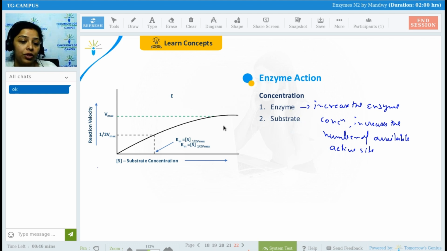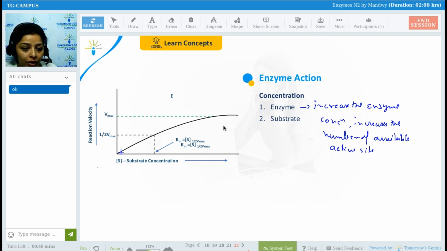How does the concentration of substrate affect the enzymatic action? An increase in the substrate concentration will increase the activity of the enzyme until all the active sites of the enzymes are saturated by the substrate molecules.